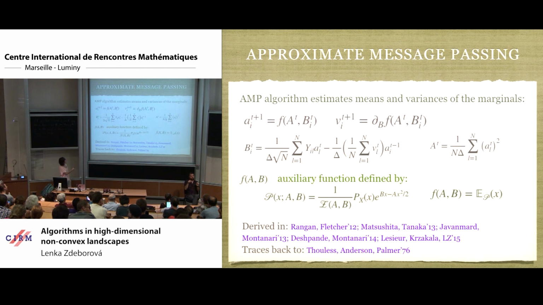And the arguments a and b are updated this way, where you have the previous estimates a and v, the matrix that we observed, and these deltas and n's here. So it's an iterative process that we initialize randomly, iterate, hopefully it converges.